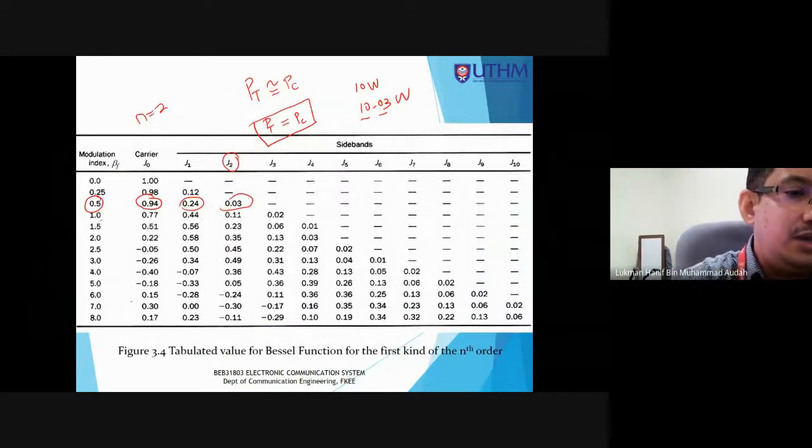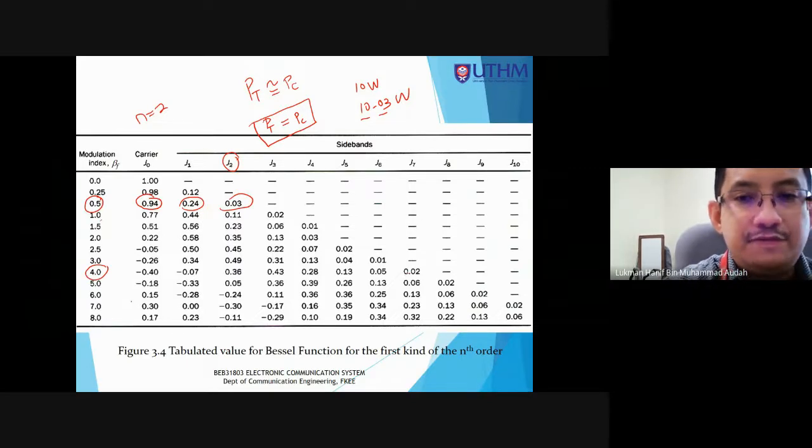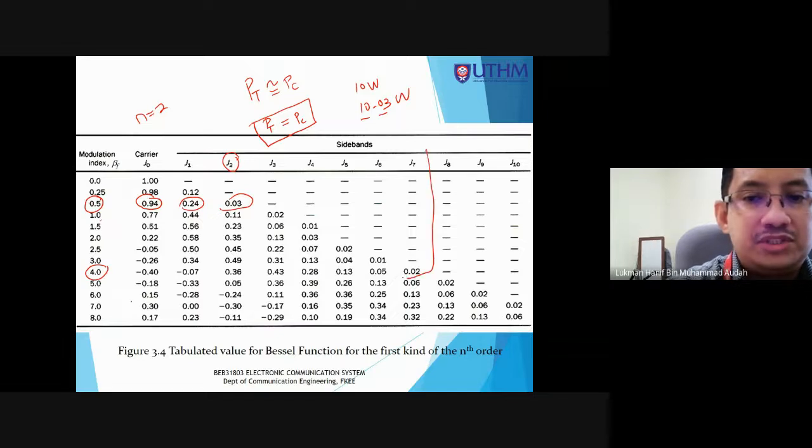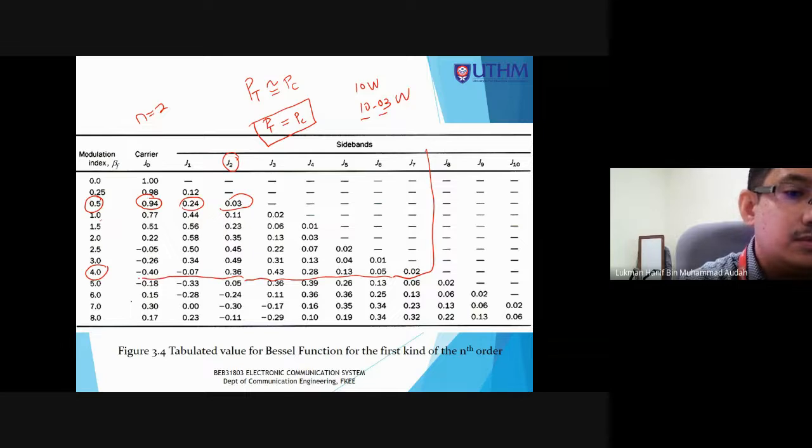If beta equal to 4, that means we're gonna have up to 7 significant sideband. Ada 7 pasang sideband.